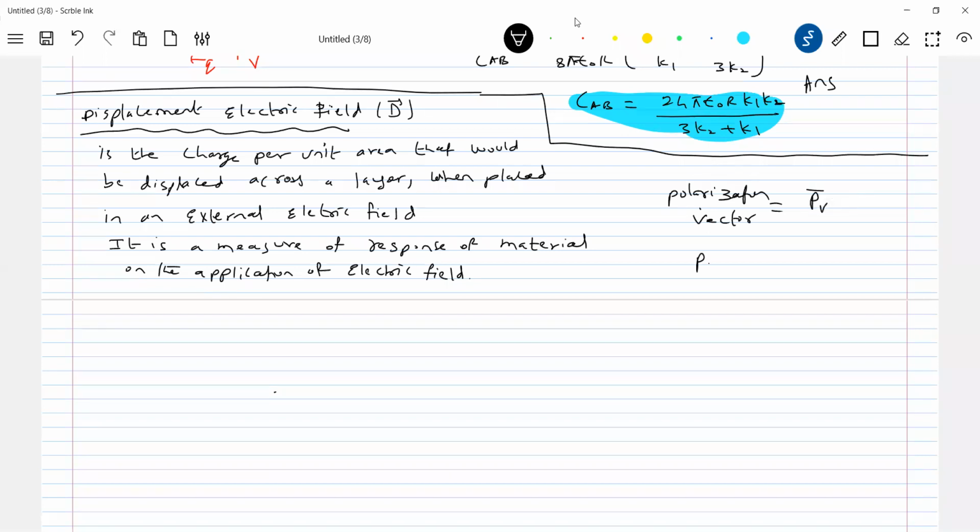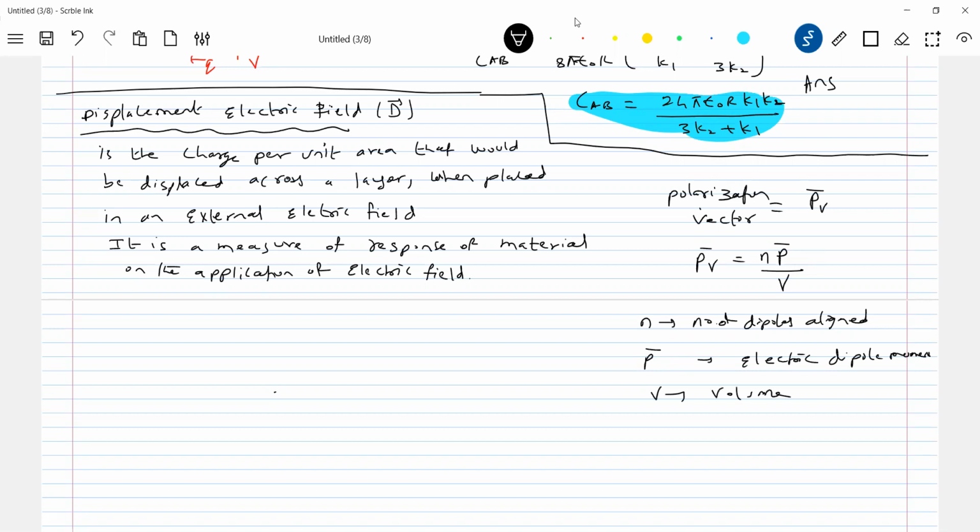It is defined as the number of dipoles that are aligned, times the electric dipole moment, divided by volume, where N is the number of aligned dipoles, p is the electric dipole moment, because we are familiar with the symbol p, and V is the volume of the material.